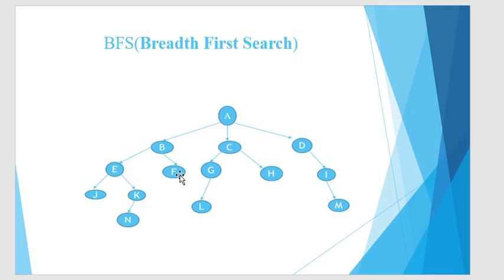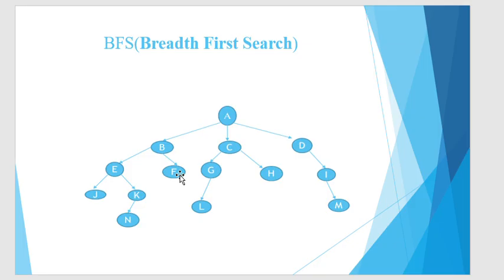Over here, what knowledge do we get? We are getting the knowledge of the shallowest node. The meaning of the shallowest node is, if we compare with DFS, the depth search: how does DFS work? It goes in one direction and goes deep, till complete depth.